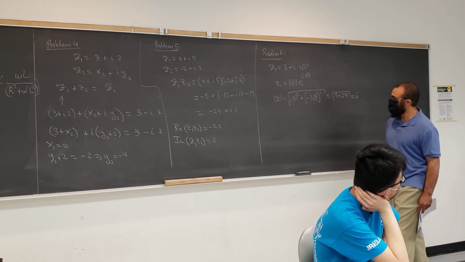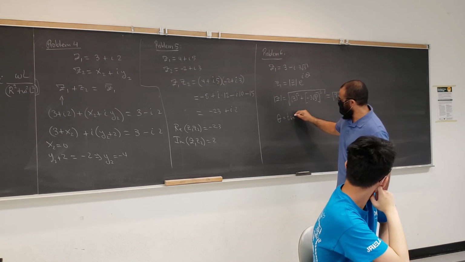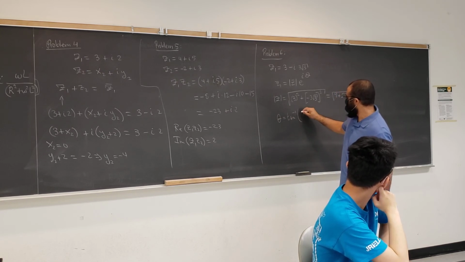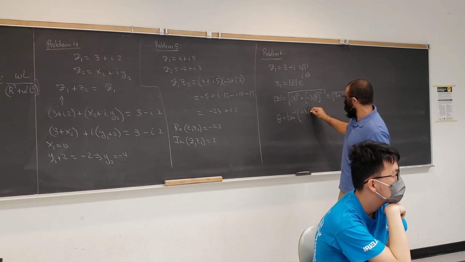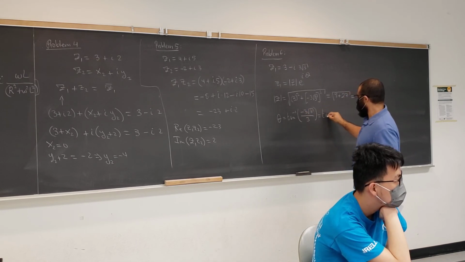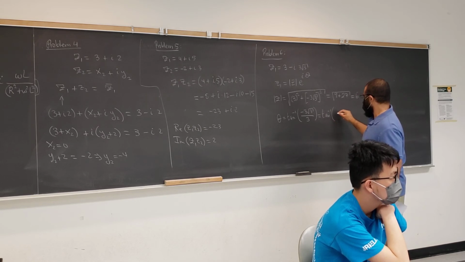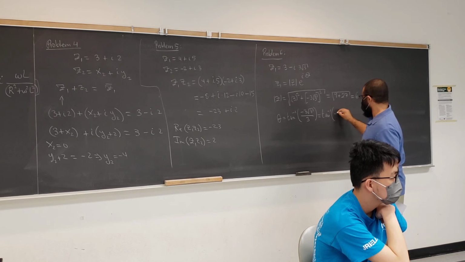Okay. So 6. And then theta, you would have the tangent inverse of minus 3 radical 3 over 3, right? So that's tangent inverse of minus square root of 3.